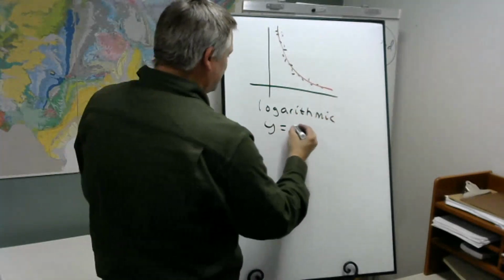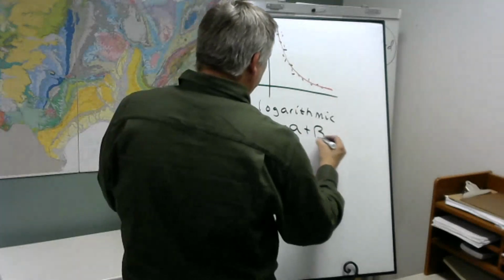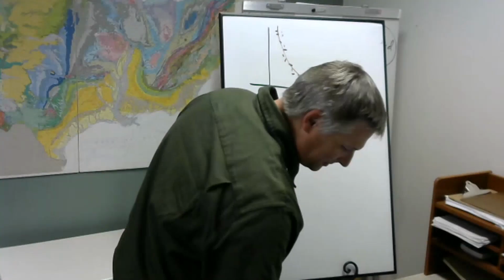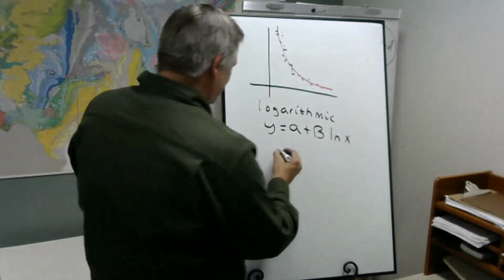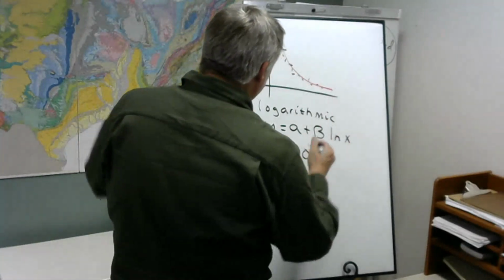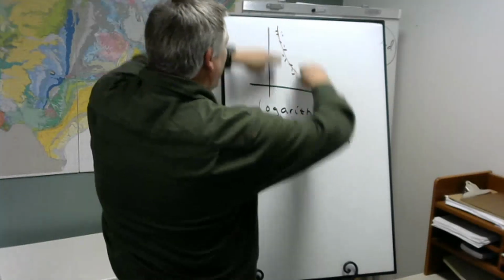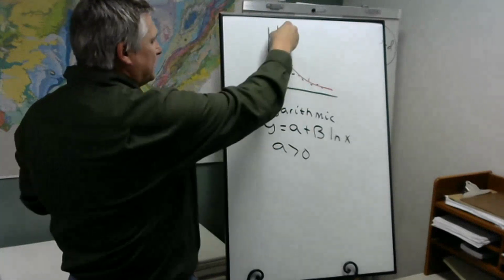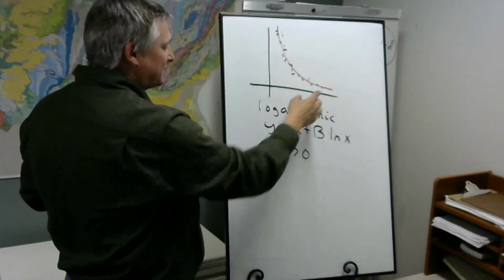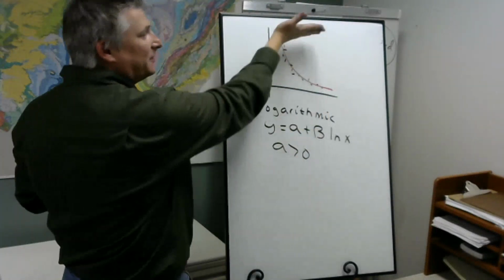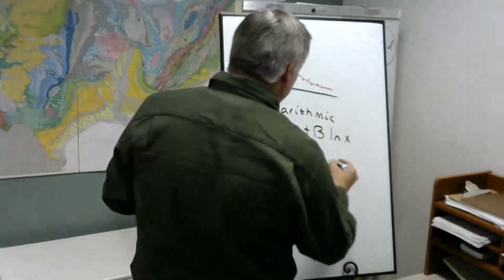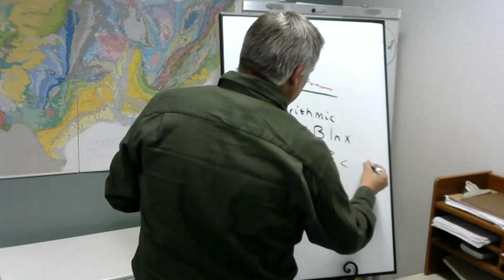It's going to be y equals a plus, I'll say, capital B ln x. And so capital B in this case will be greater than 0, which will lift this logarithm up. When we did our logarithmic graphs, we had this one passing through the x-axis. If you add a, you could lift it up. And then capital B less than 0.